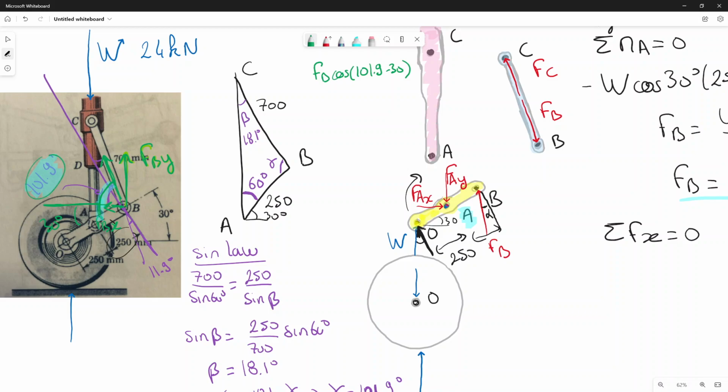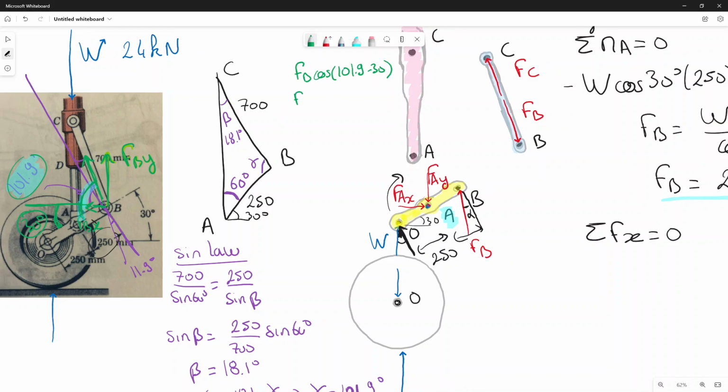This one 101.9 minus this one, the 30. Okay. And on Y, that will be FB sine of 101.9 minus 30. Okay. So those are the two components.